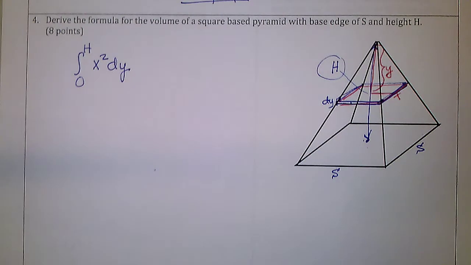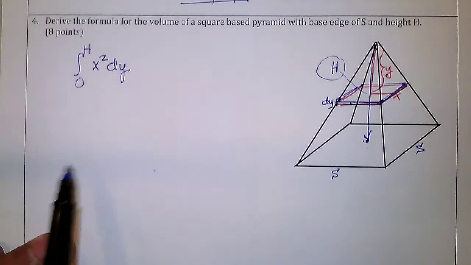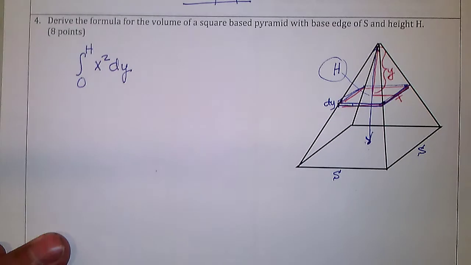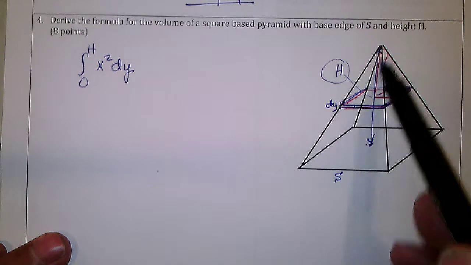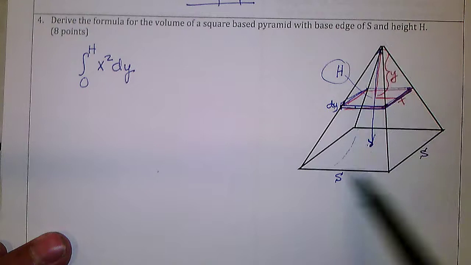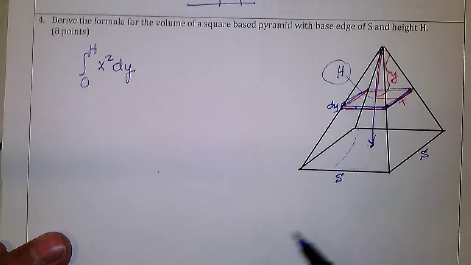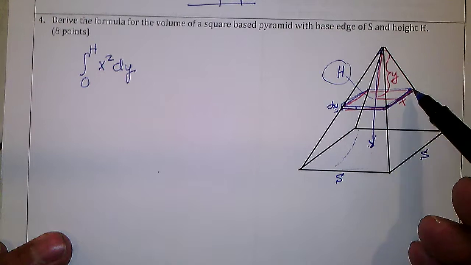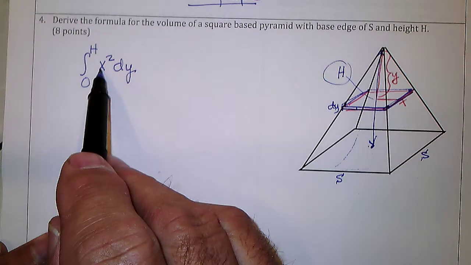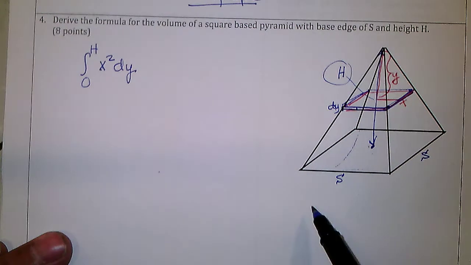That's it. All we have to do is integrate this. Oh, wait a minute. We got an x, and it's dy. Well, let's see. This little pyramid is proportional to the big pyramid because it's the same angles and all that kind of stuff.